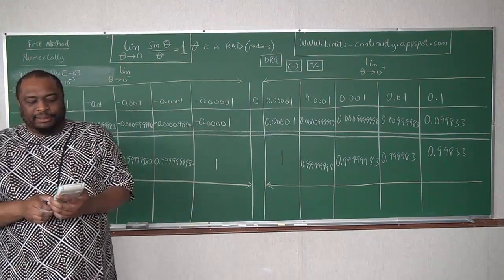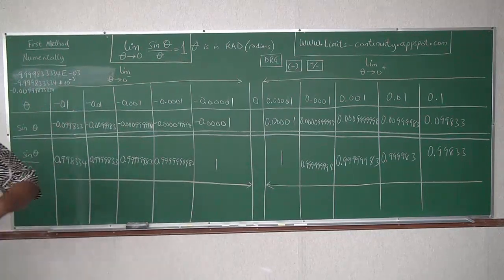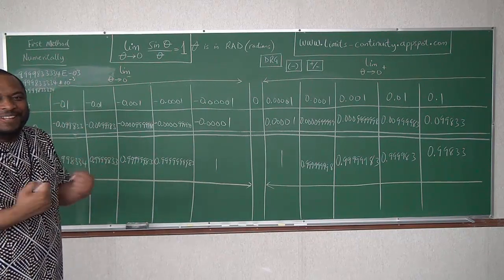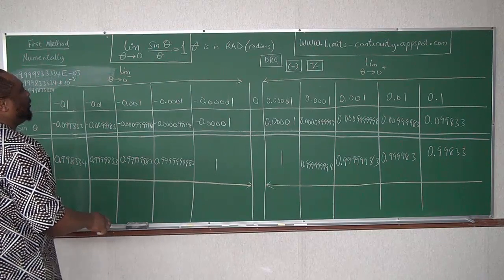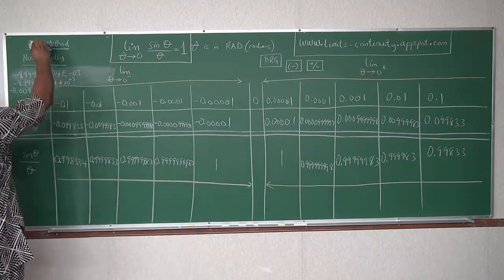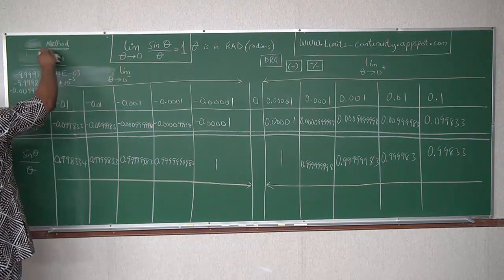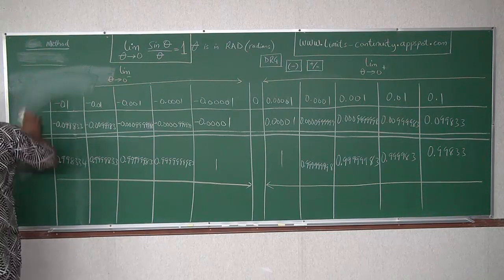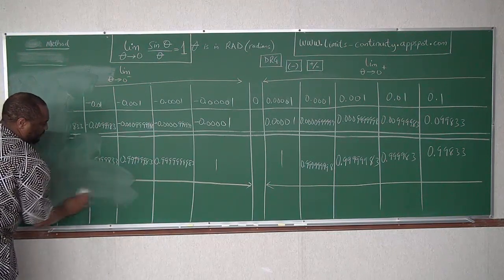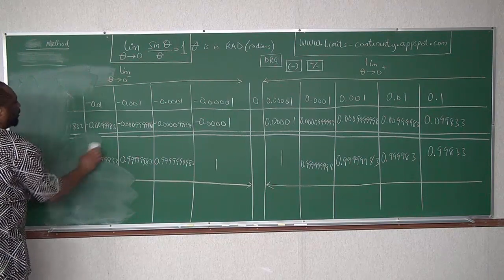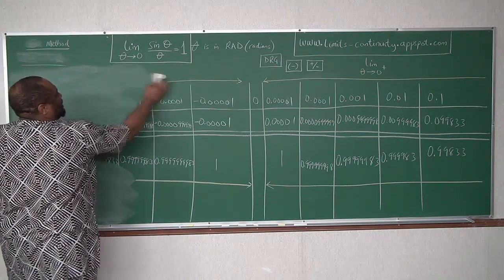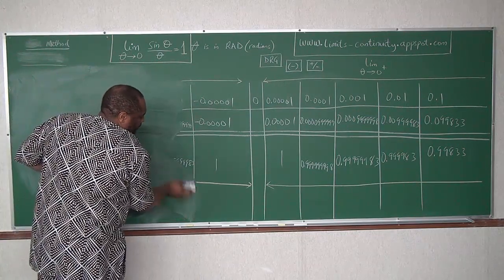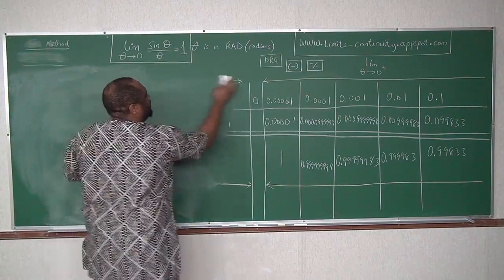So numerically is a sure way. It's a very recommended way to do it. Alright, before we call it a day, let's do it algebraically, the second method. But numerically is recommended, and it's also straightforward.